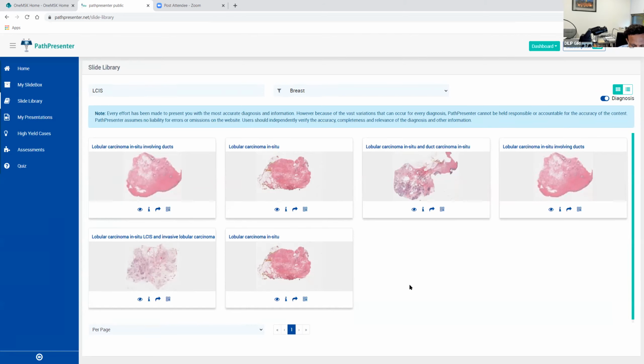Now, pleomorphic LCIS is rather rare in its pure form. So why is it rare? My theory is that it is rare because pleomorphic LCIS early on in its life history will acquire this potential to become invasive.